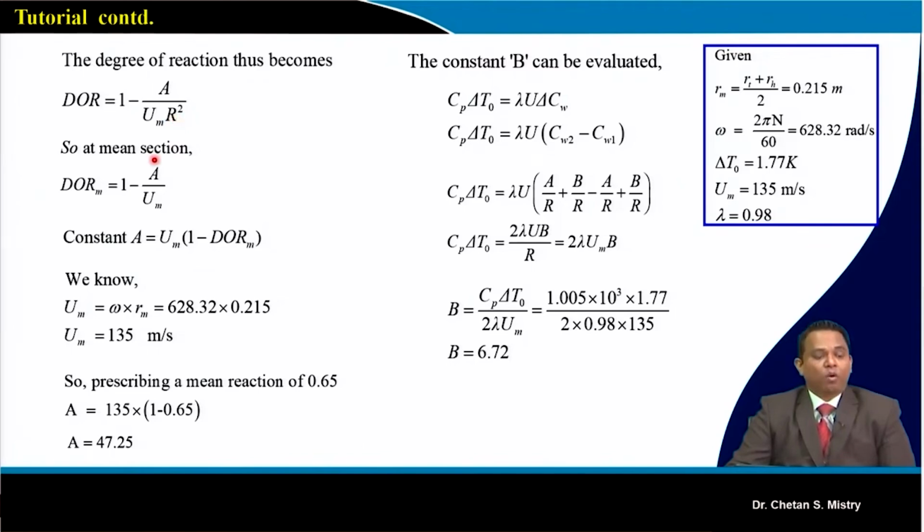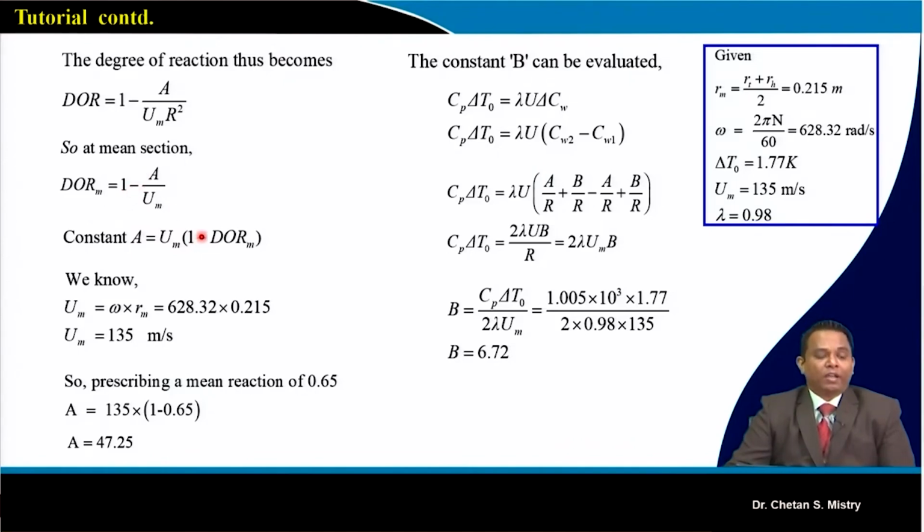Now, for our case at the mid station, R by Rm, that is Rm by Rm, will get cancelled. So at mid station we can write it as 1 minus A by Um.